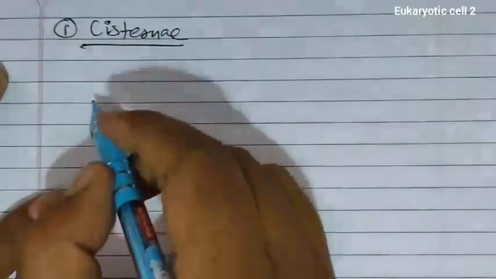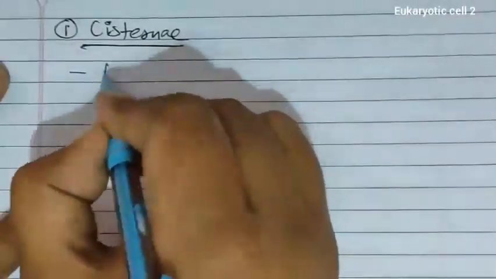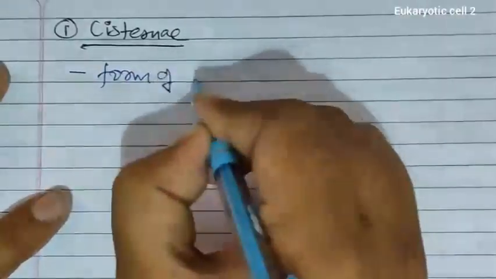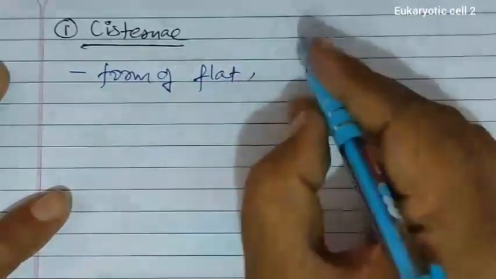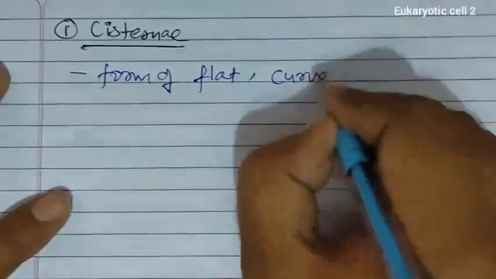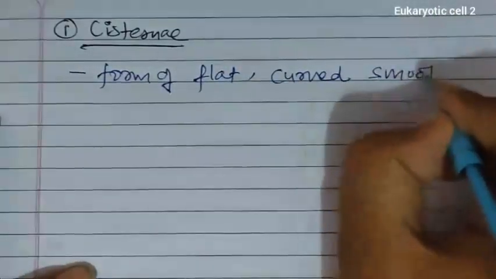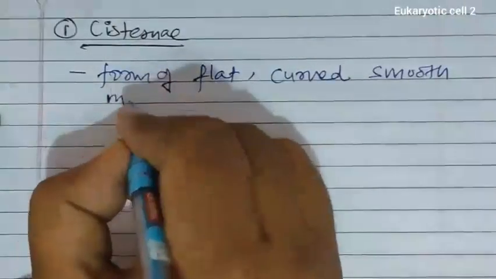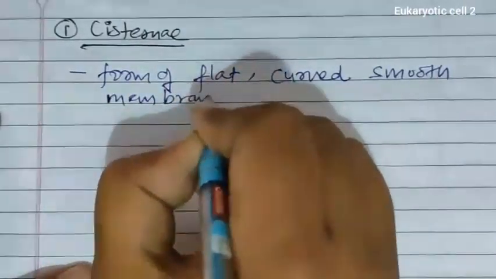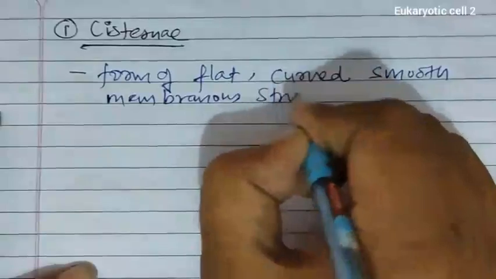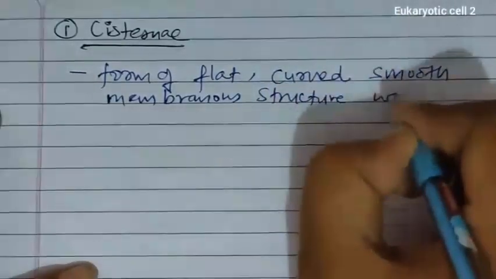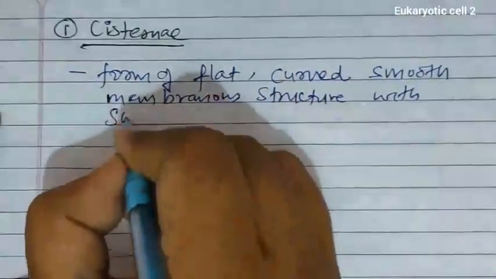Number one, cisternae. Now the cisternae are present in the form of flat, curved, smooth, membranous structures with swollen ends.